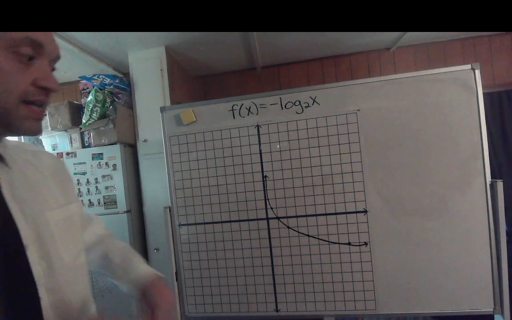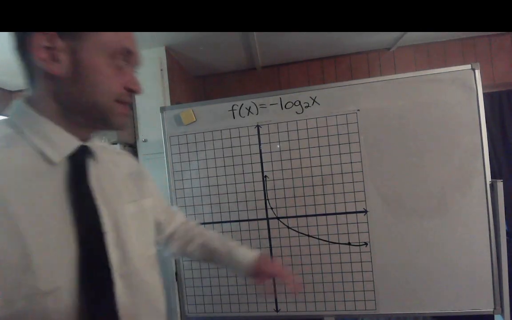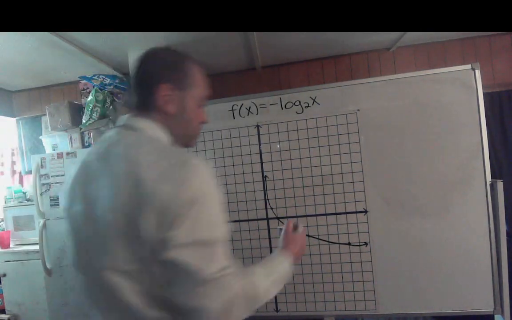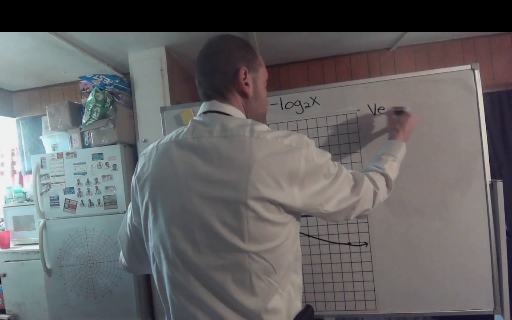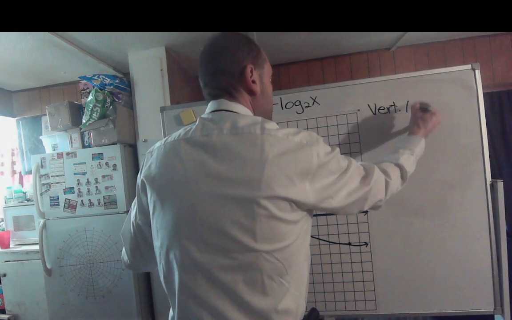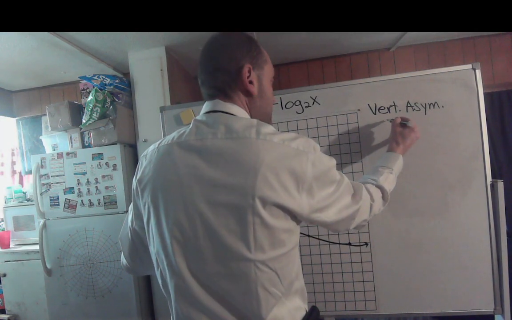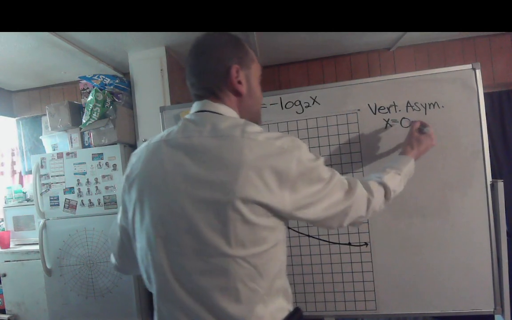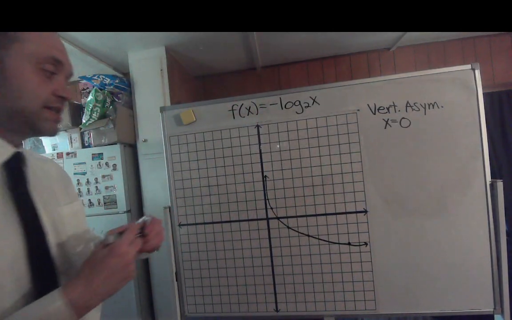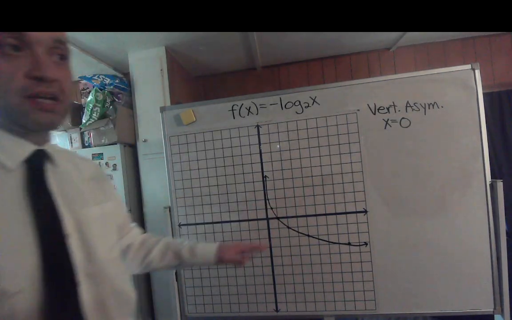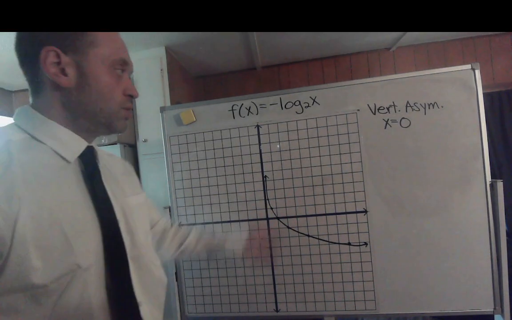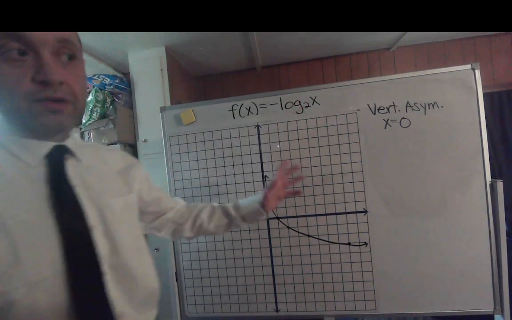So you see it's reflected in the x-axis from normal. So you still have a vertical asymptote located at x equals 0, because it'll get infinitely close to x equals 0 without actually touching it, because again, no number to any power can equal 0.